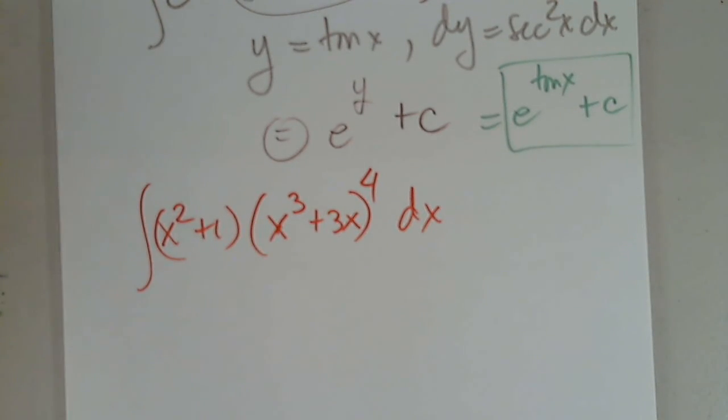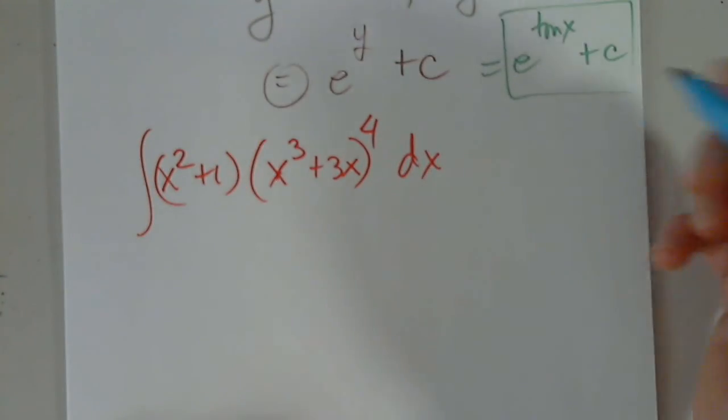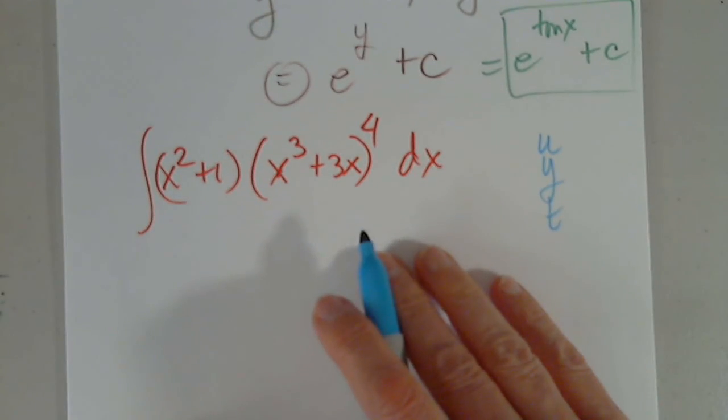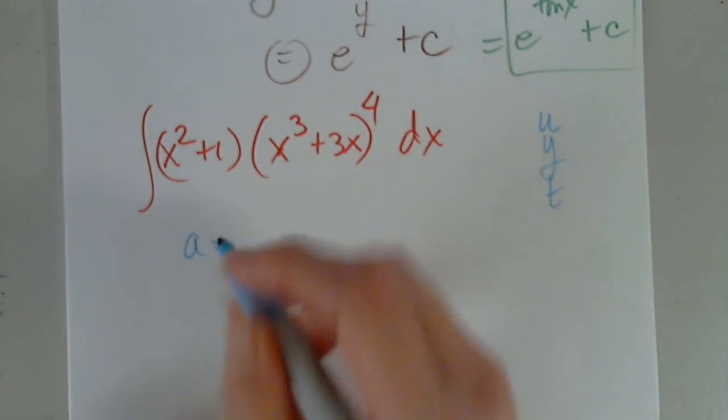True. I could. It's cumbersome, but I could. But it's much easier if we use a substitution. You can use any letter. You don't have to use U or Y or T. Use any letter you want, but not X. You can use A if you want. It doesn't matter.